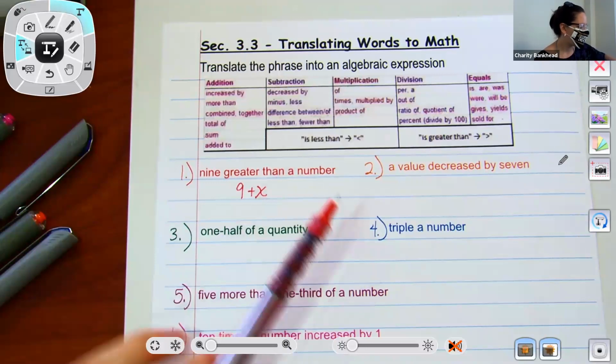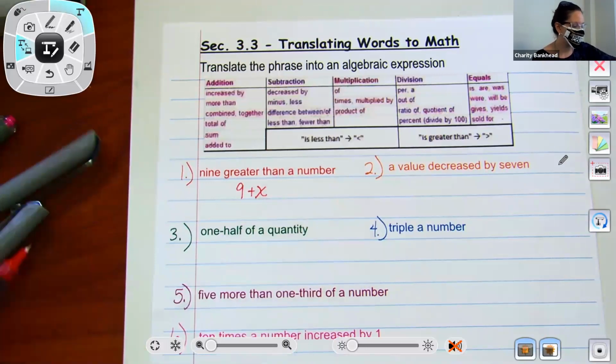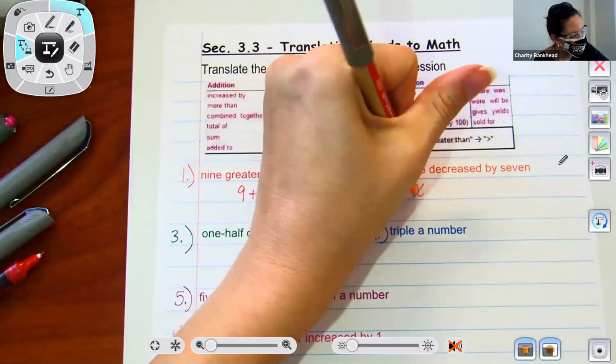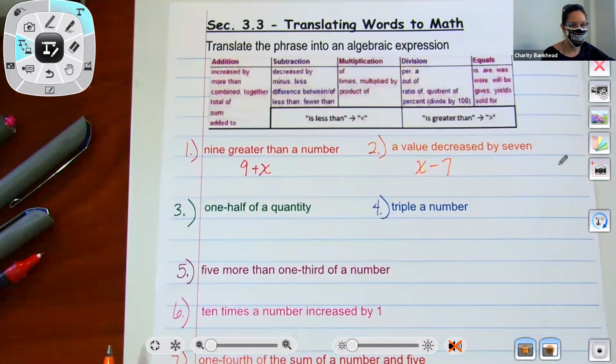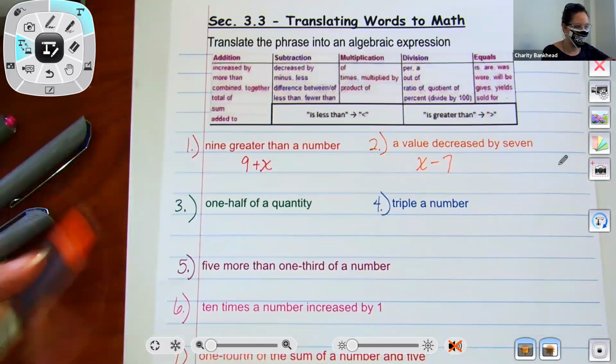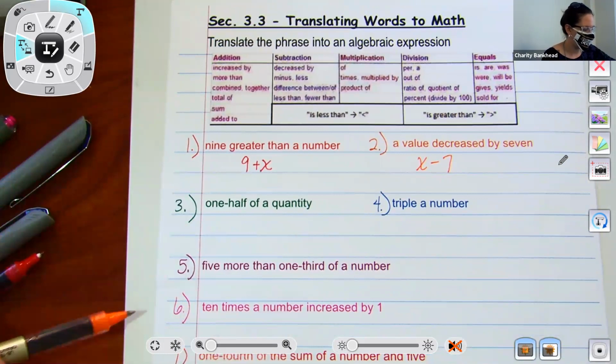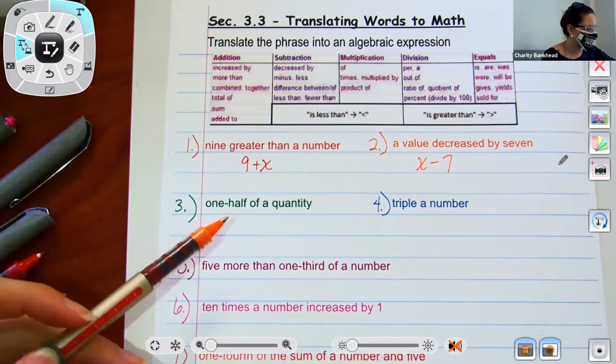And then a value decreased by 7, so that would be X minus 7. Most of the time, we can just translate these pretty much directly, in the order of what it says. So we know that of means multiply.